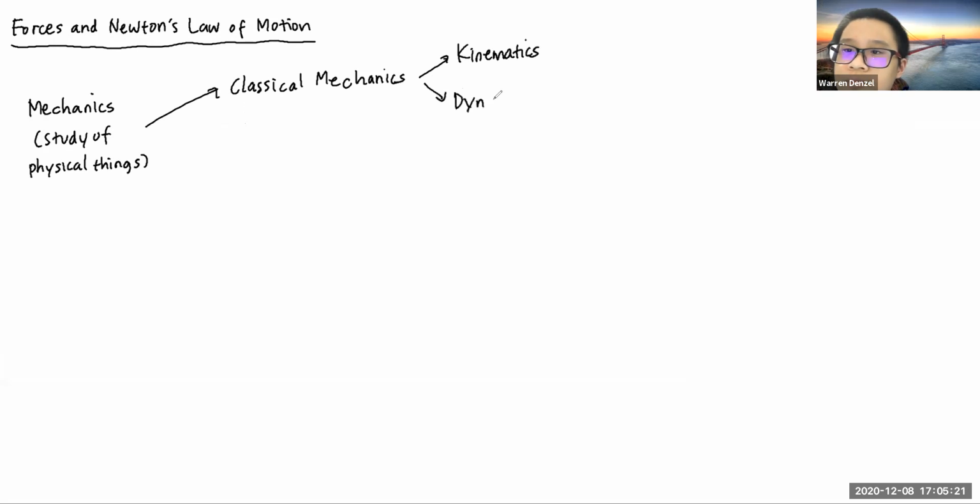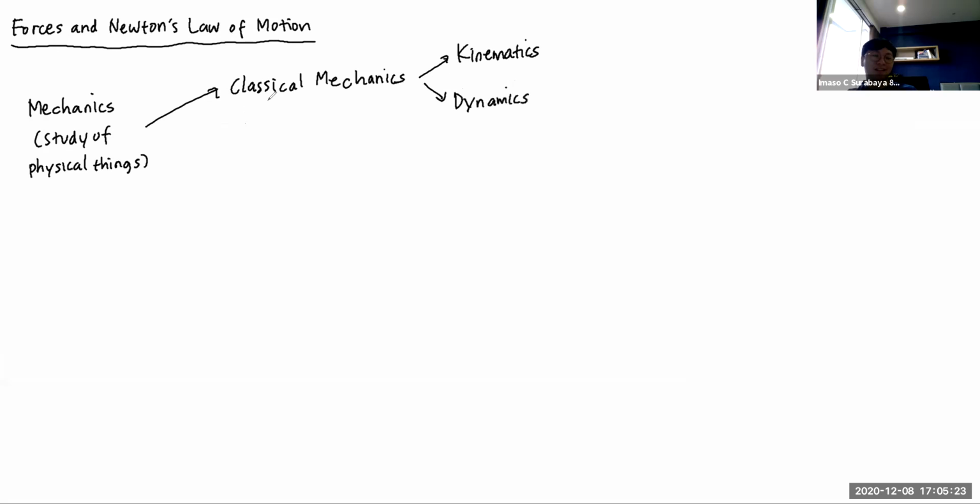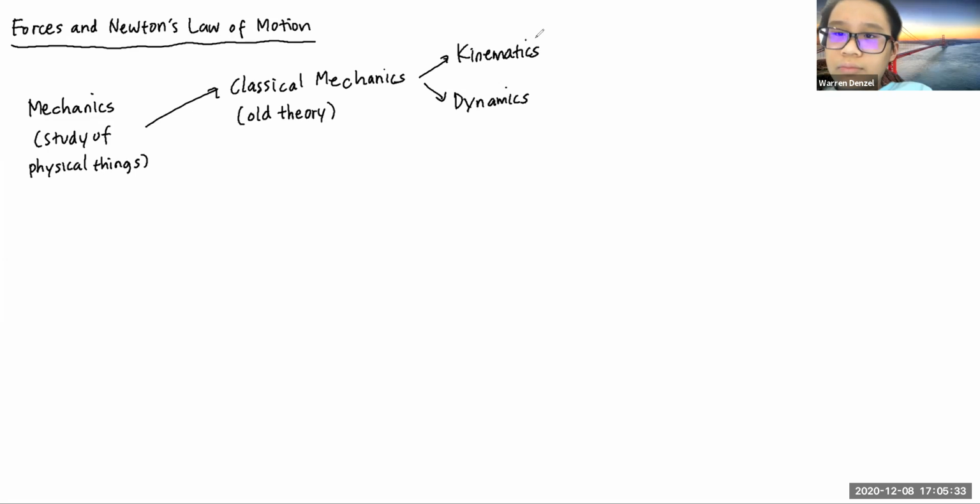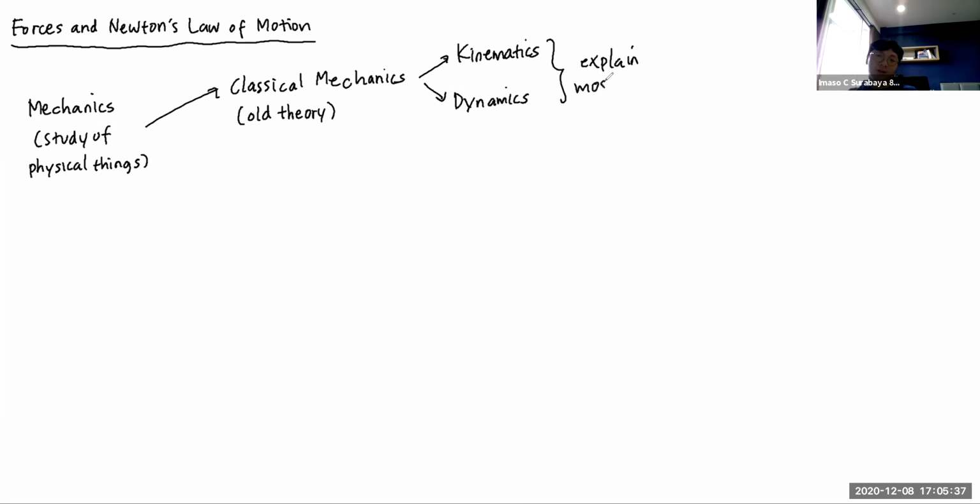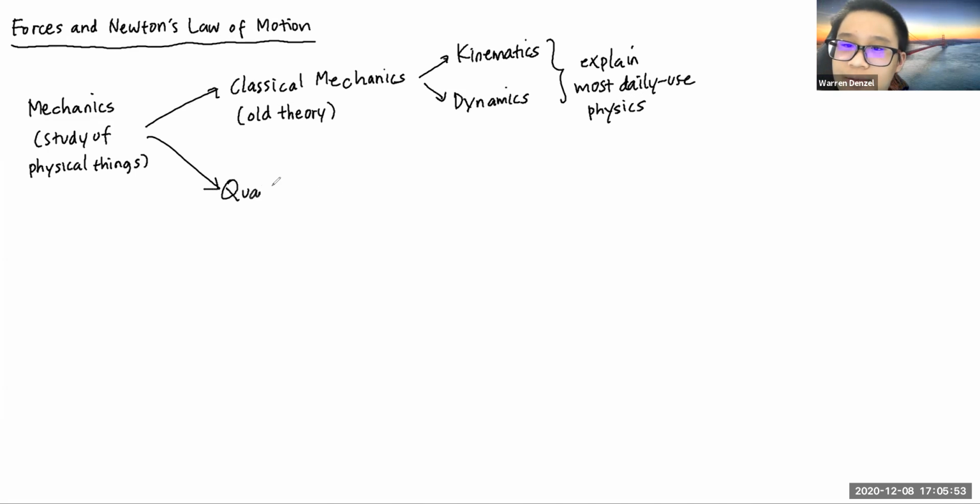It's called classical, but that doesn't mean it is old, it just means this is the old theory. It can explain most daily use physics, but it cannot explain super big things or super small things. What can explain that? The second type of mechanics, modern mechanics, quantum mechanics.